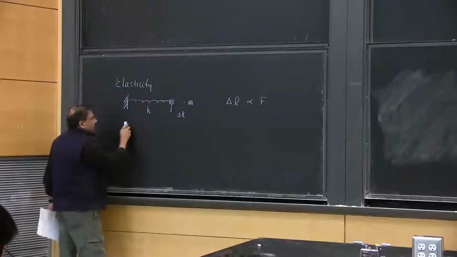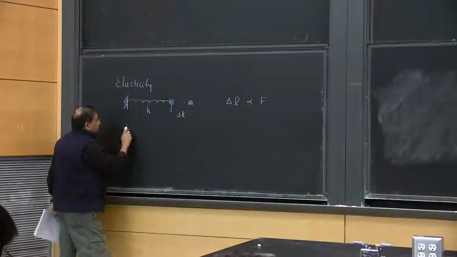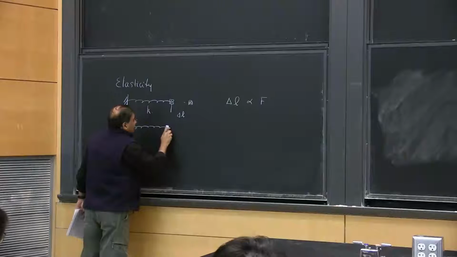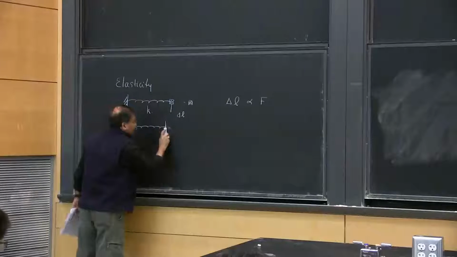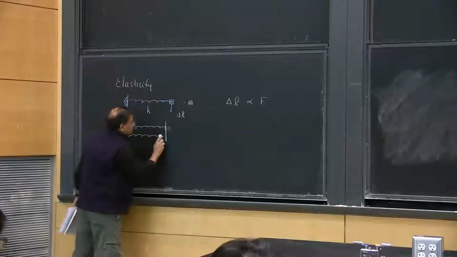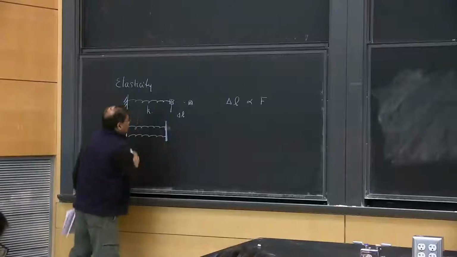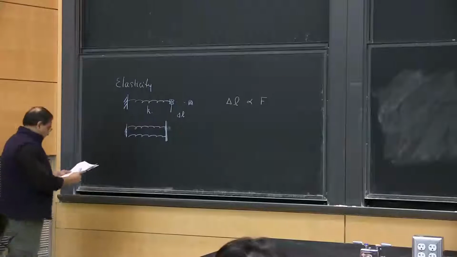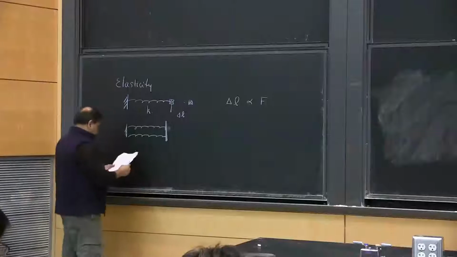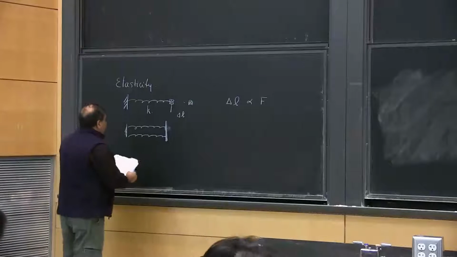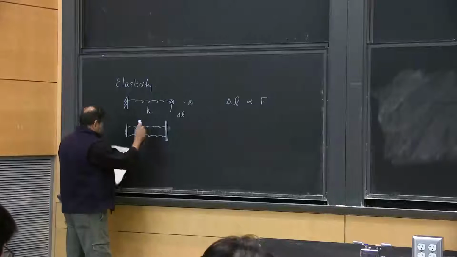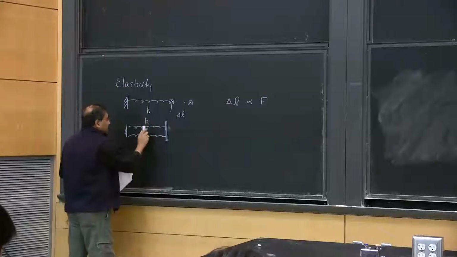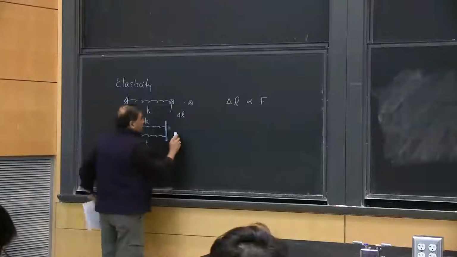Now suppose instead of having one spring, I actually have, maybe I'll put a bigger mass here, like a rod here, and I have two springs. And let us say, in this case, each of them have spring constant k, so they are equivalent springs, and I apply the very same force.